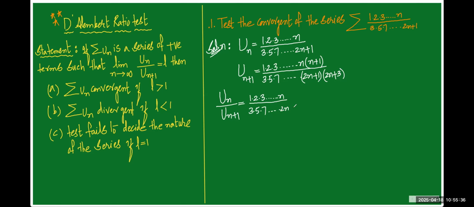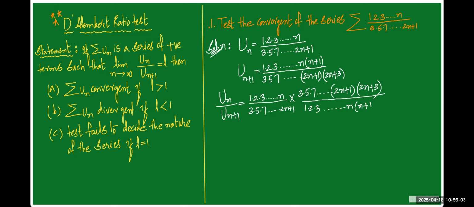Now we know that the second fraction will be reversed, that is 3 into 5 into 7, and so on 2n plus 1 into 2n plus 3, divided by 1 into 2 into 3, and so on n into n plus 1.